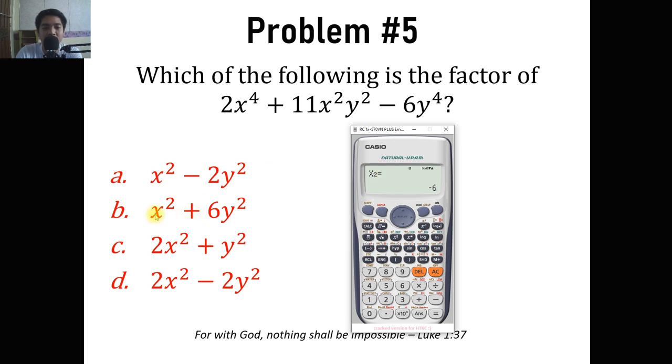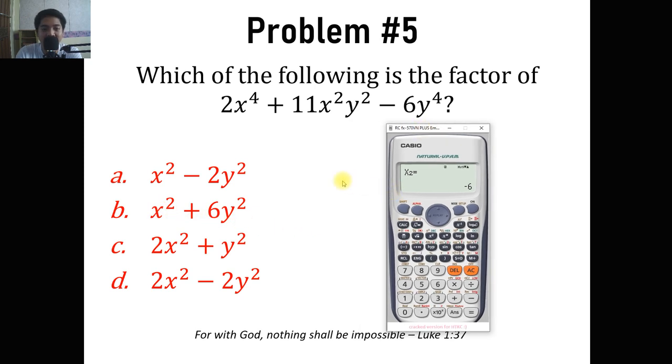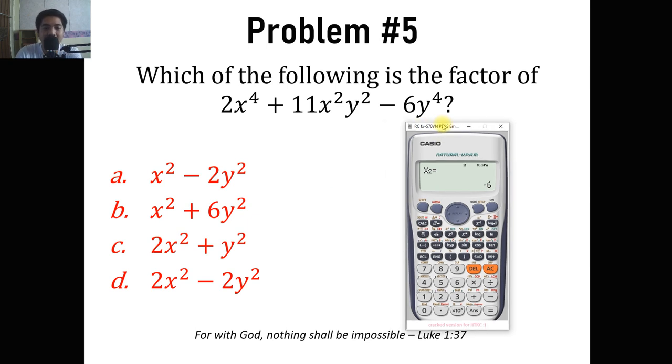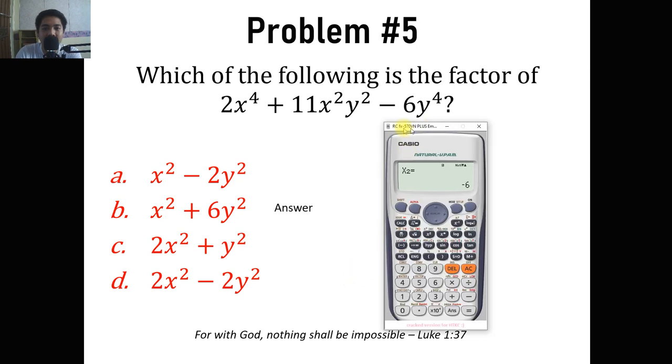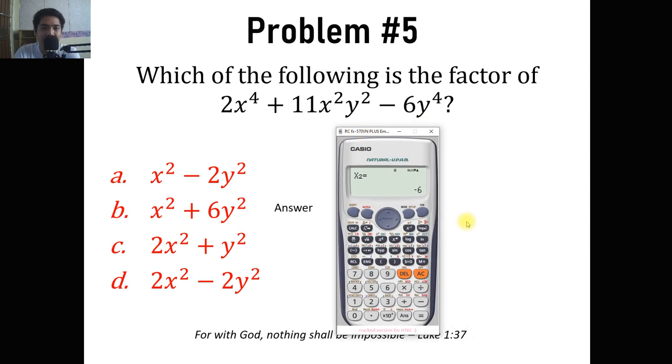In this case, that is letter B. So x squared plus 6y squared is the correct answer for this problem. I hope you get what I'm trying to explain. Again, this problem is unique because we don't have to have any values of x squared and y squared. We don't know the values of those.